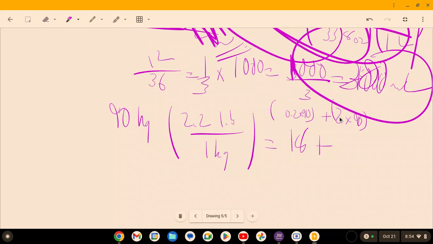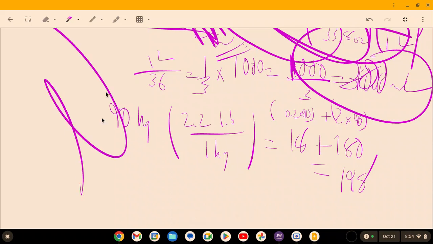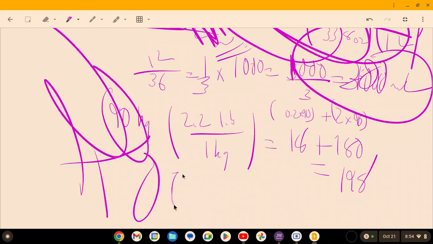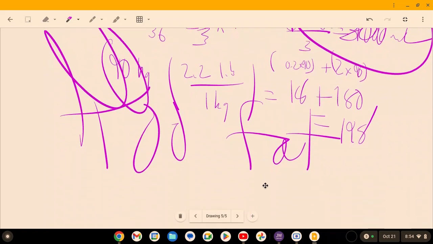And then that's 180. All right, 198. And what did it say it was? 197? No. Too fat by 1 pound.